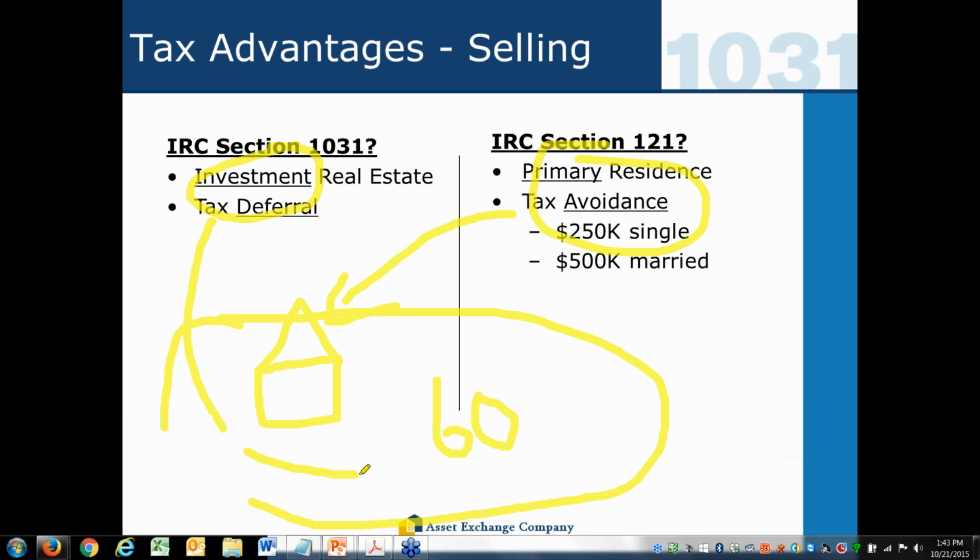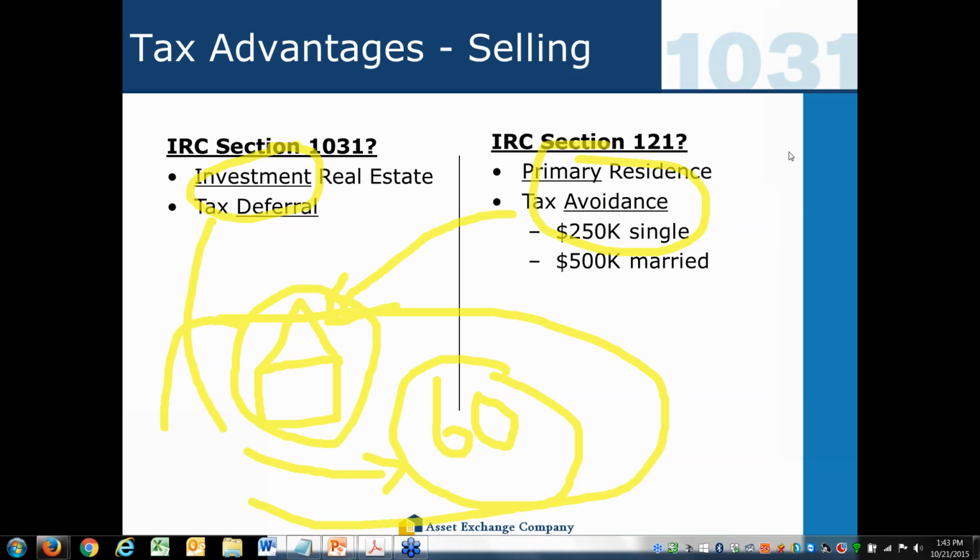The land that she had all of her dairy cows on was a business property. So she was able to do the 1031 exchange on the value of the 60 acres, and she was able to take the homeowner's exemption on the value of her home.